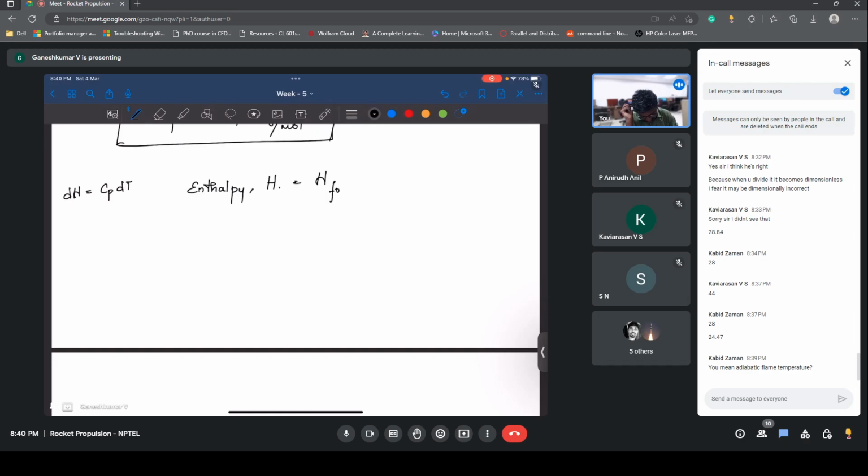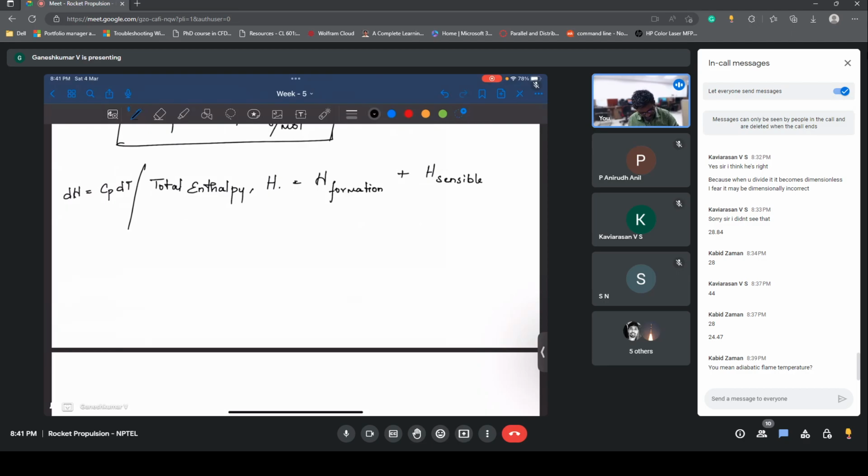This is called total enthalpy, which is formation enthalpy plus sensible enthalpy. Sensible enthalpy is what we feel, that is Cp delta T. When there is a change in temperature from 298 to 398, you will sense it based on the change in temperature.